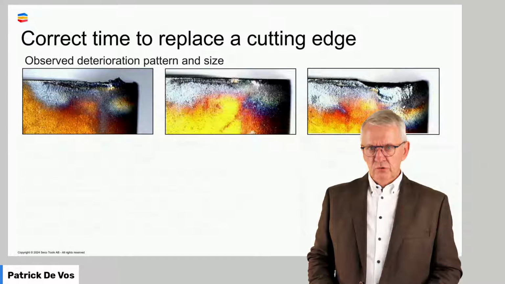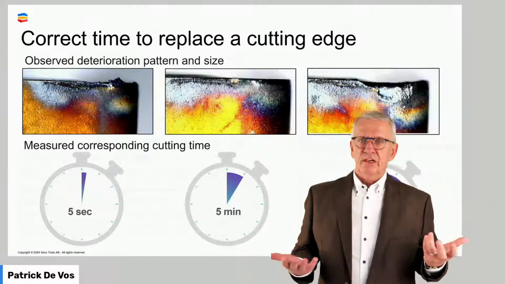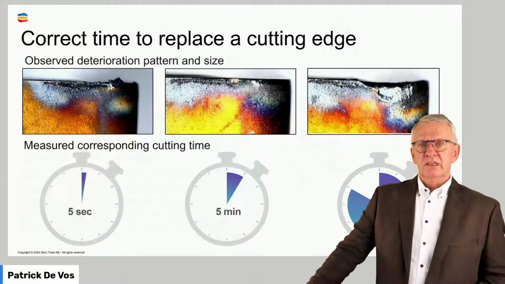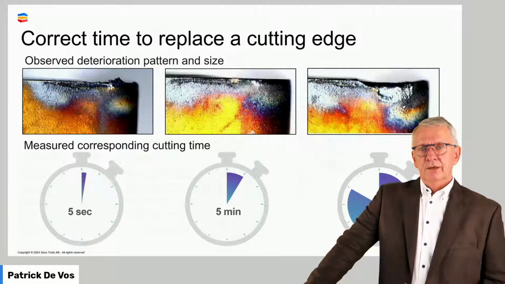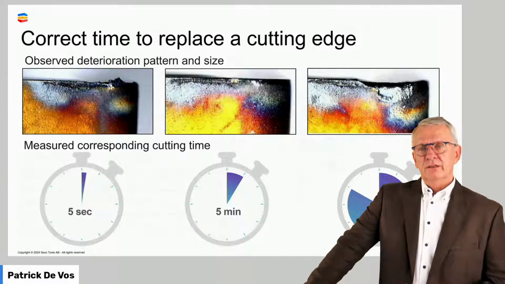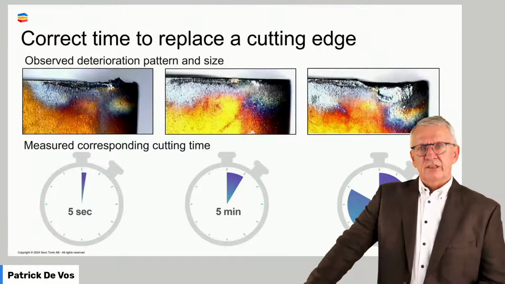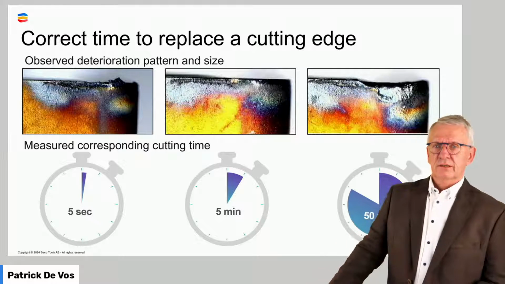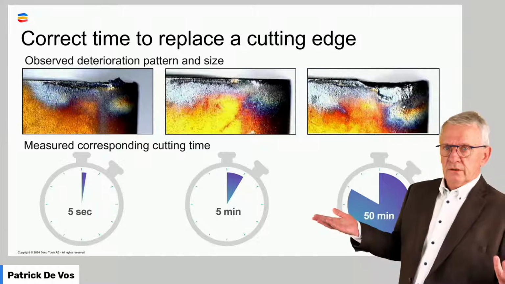That means that looking at used tools, looking at wear patterns, for me, you need to involve time. Because you see on top 3 wear patterns, and we could have a discussion, what is good, what is bad. But if you don't know the time the tool has been used, in this example, 5 seconds, 5 minutes, or 50 minutes, it's a bit an irrelevant discussion.